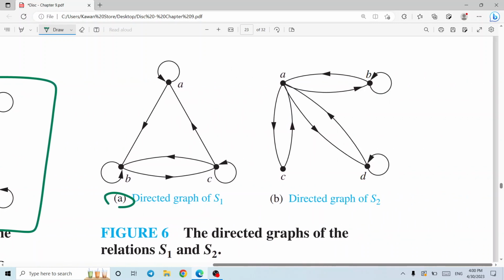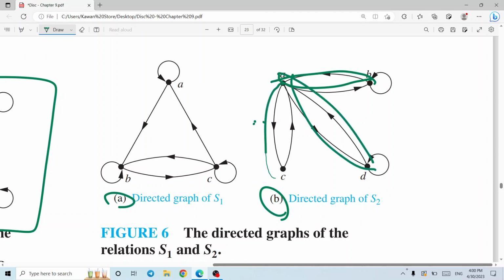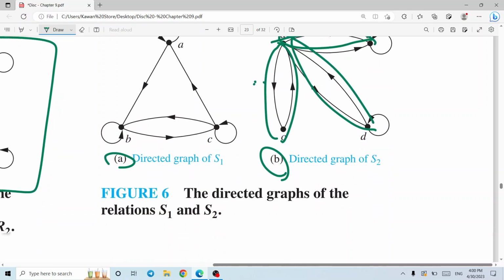Tell me about that one, is it symmetric or not? If I have AB, I should have BA. I have AB, I have BA. I have AD, I have DA. AC, CA. So it means that yes, that's symmetric.